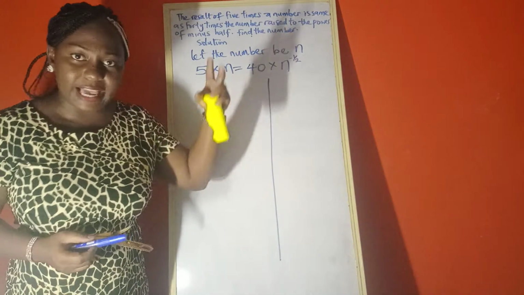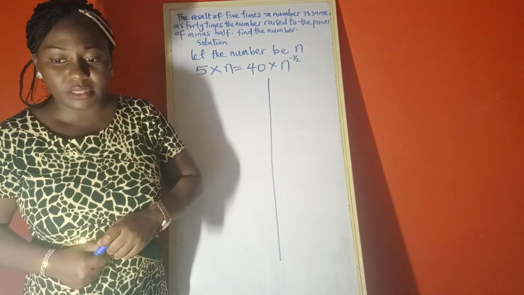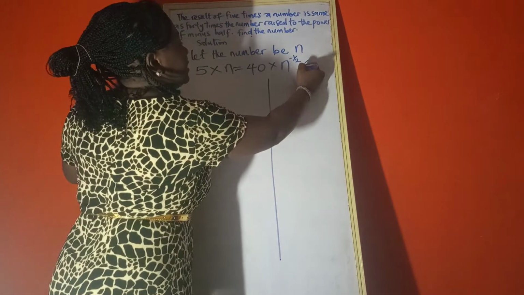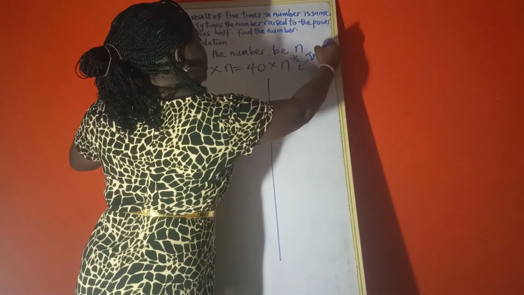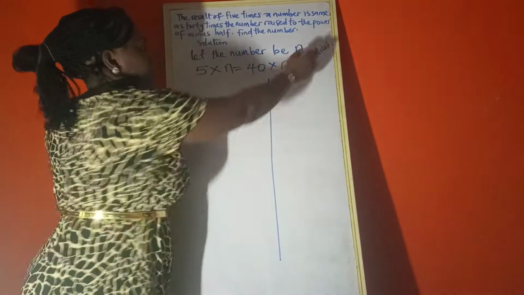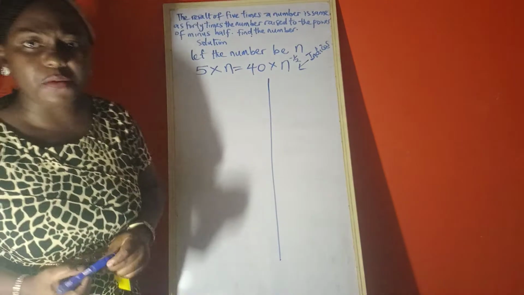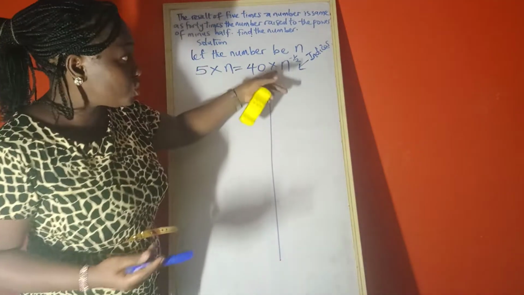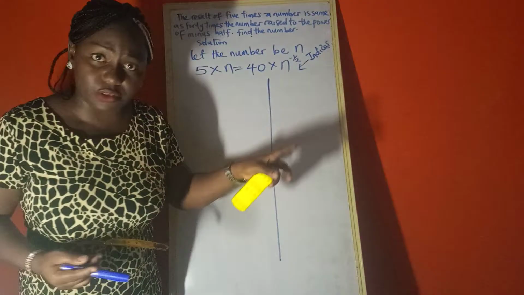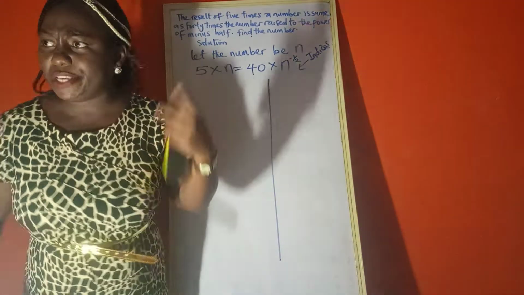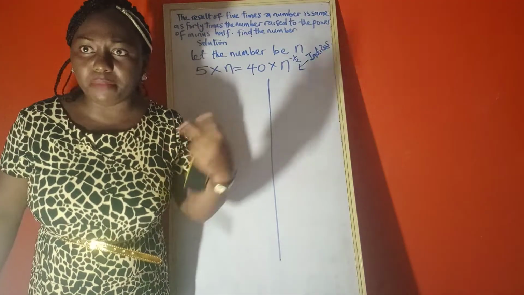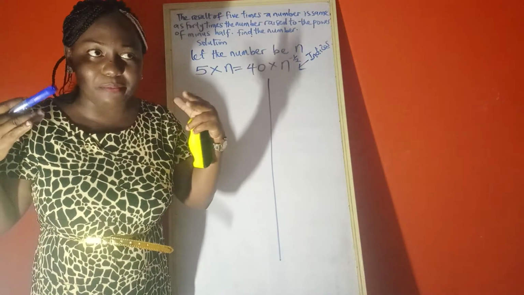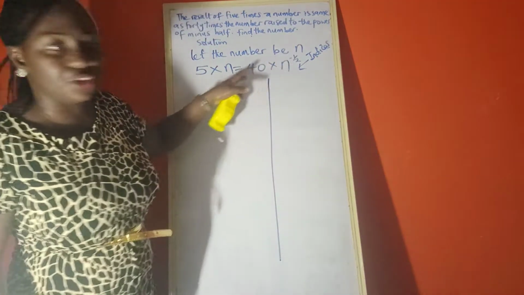From here, I can now solve the problems. And so, looking at it, this is an indices question. Immediately, what comes to my mind is recalling all the laws of indices, and with that knowledge, I can approach this question.